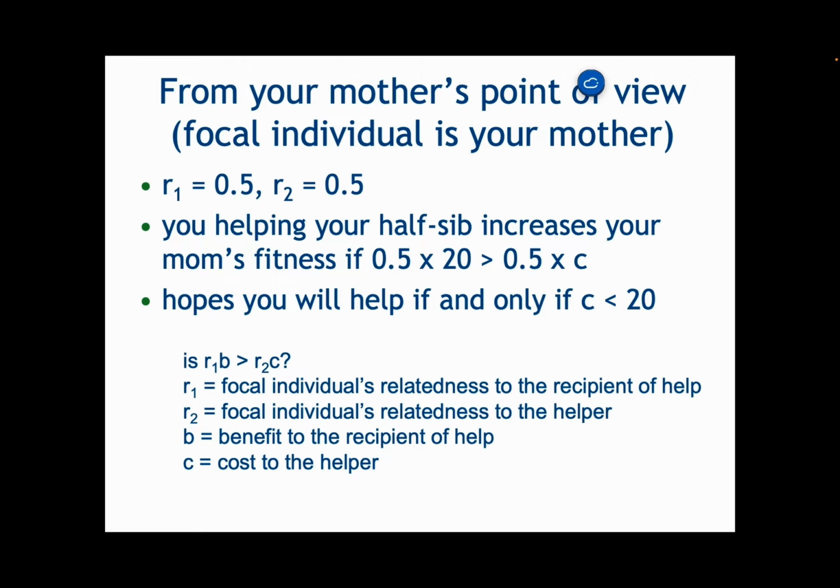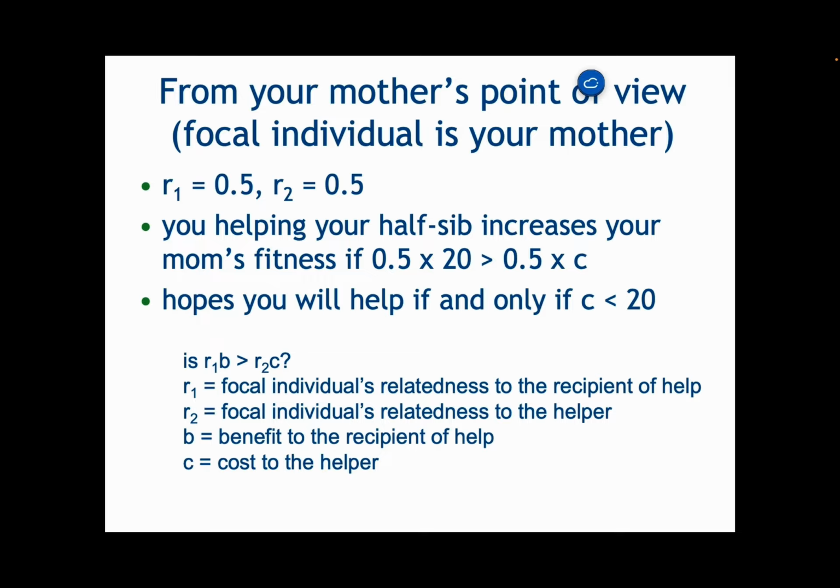Your optimal degree of cost that you would be willing to incur to benefit your relative by this much is lower in this case than the maximal cost that your mother thinks that you should incur. So tension within families. This is a type of genetic conflict, and it arises due to these asymmetries in relatedness.